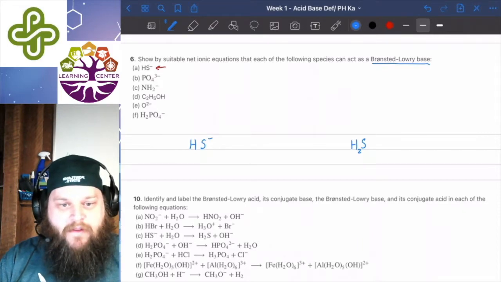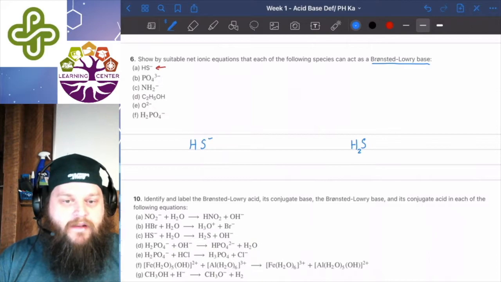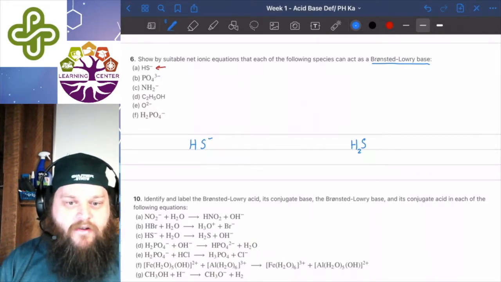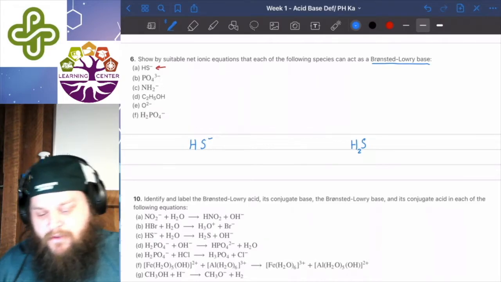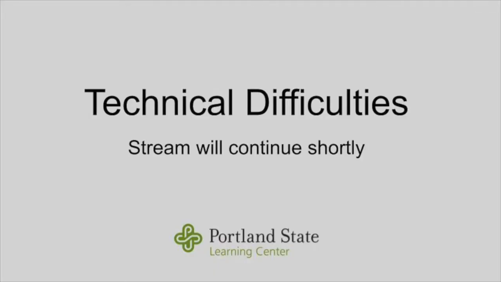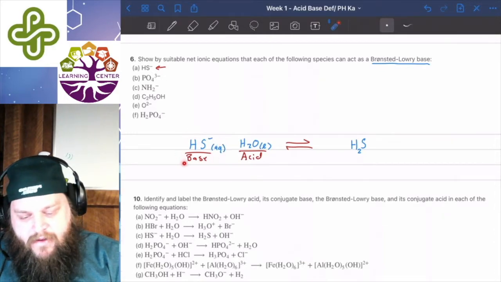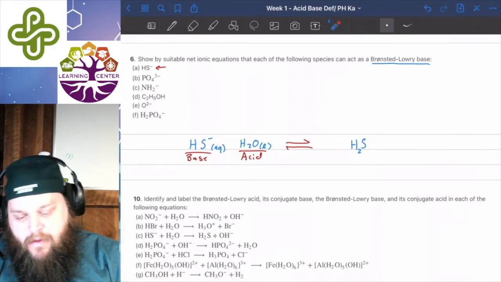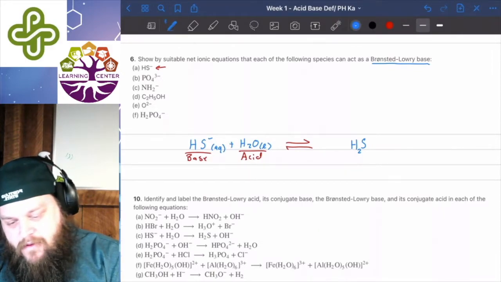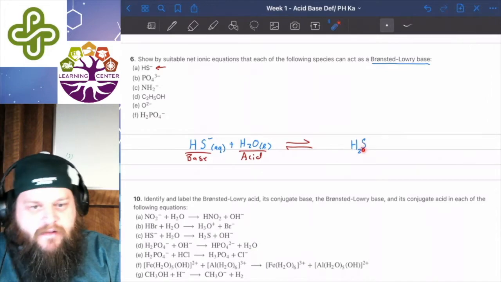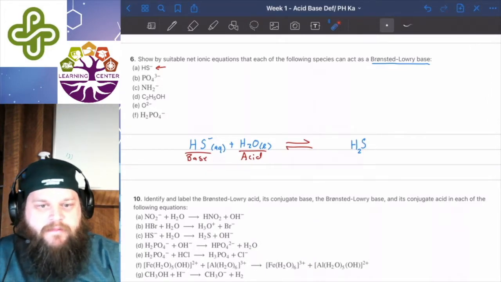So you're absolutely right there. But it does lose that negative charge because that hydrogen comes in with a positive charge and balances the charge of the product. But what is it reacting with? It needs to react. So we were saying that this HS minus is going to react with H2O to produce H2S. But what would the other product be for this one?